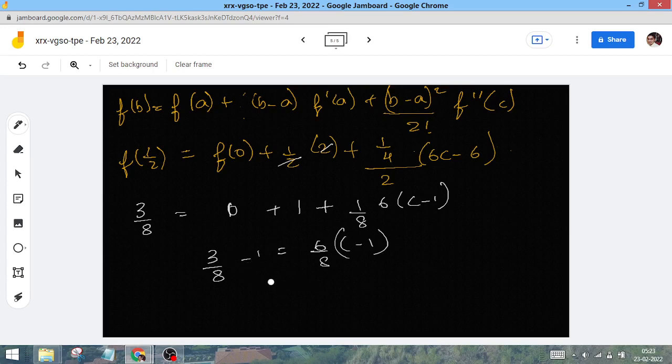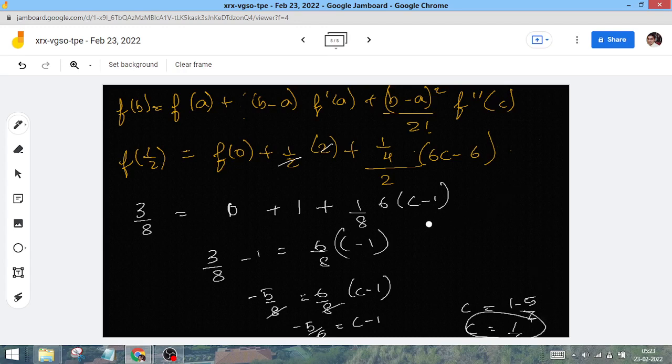So solving this, minus 5 by 8 equals 6 by 8 into c minus 1. The 8 cancels out, so minus 5 by 6 equals c minus 1, and c equals 1 minus 5 by 6, so c equals 1 by 6.